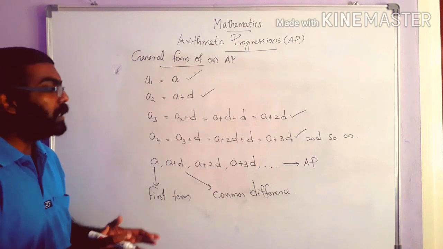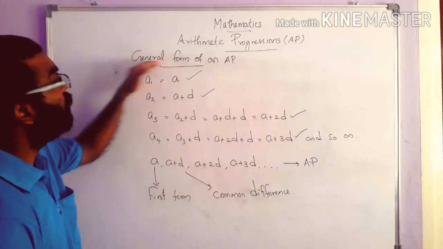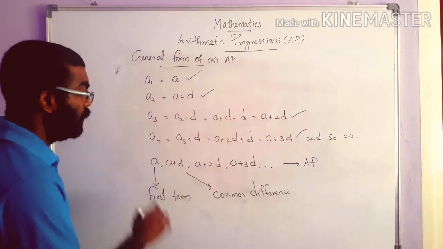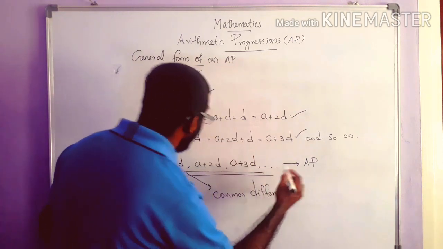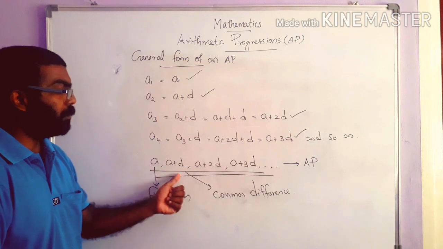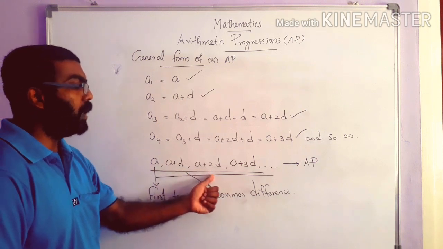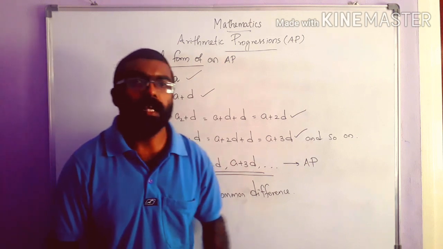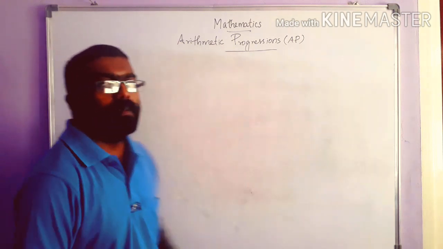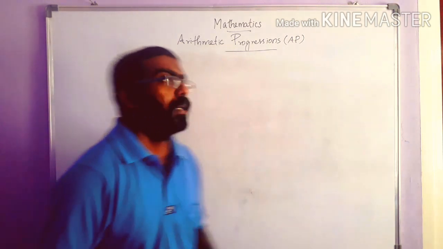This form is known as the general form of an AP. So the general form of an AP is a, a plus d, a plus 2d, a plus 3d, etc. Is that clear? Okay.